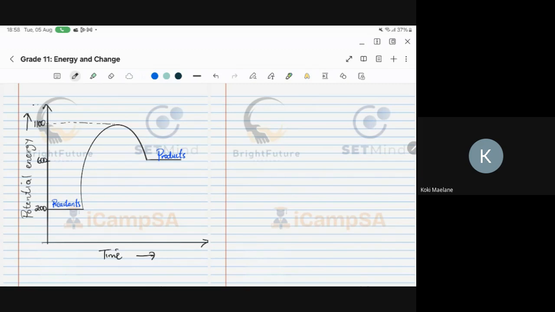You just need to know the fundamental difference, or how to interpret this graph, right? So in this case, what would be the activation energy? Remember, the activation energy is the energy needed to climb this hill. We are climbing this hill, right? So we have to measure from where we are to the top, the peak of that hill. How much energy do we need to get there?